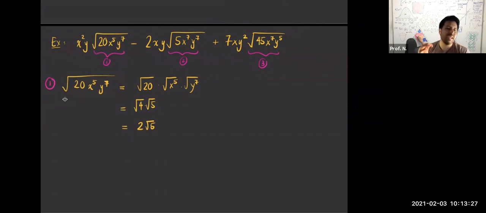Now, how do we break down the square root of x to the 5th? That's right. So I can write this as the square root of x to the 4th times the square root of x. But the square root of x to the 4th is x squared, so x squared rad x, right? And how can we break down the square root of y to the 7th? What does that become?